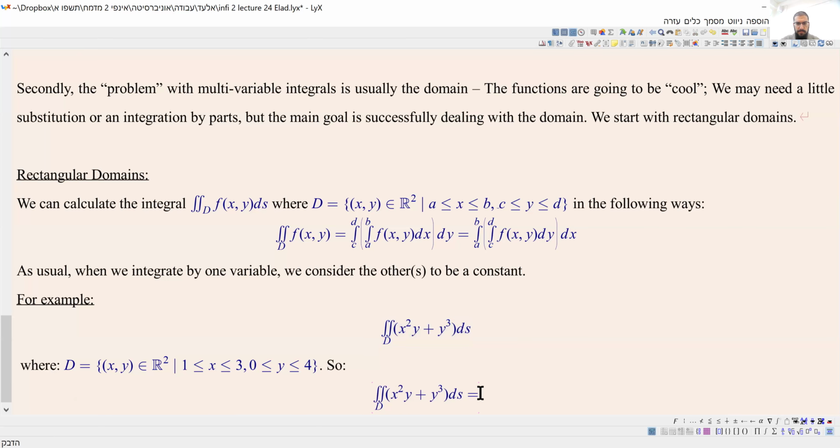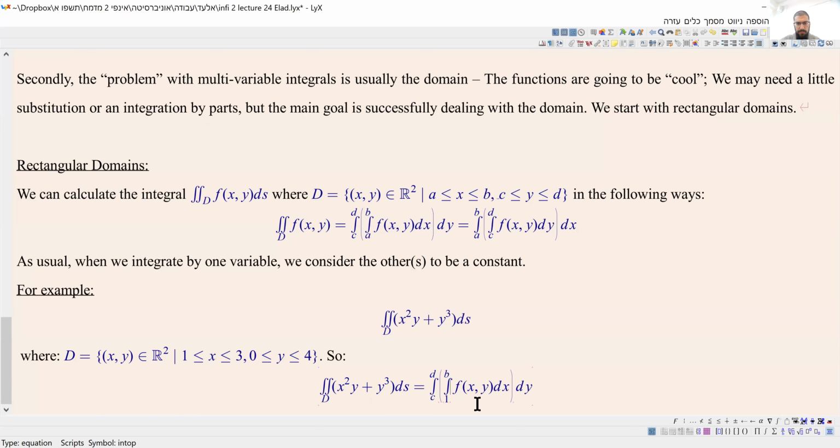Let's start with the first option. We'll first calculate the integral by x and then by y. Now x is between 1 and 3 and y is between 0 and 4. So f is x squared y plus y third.